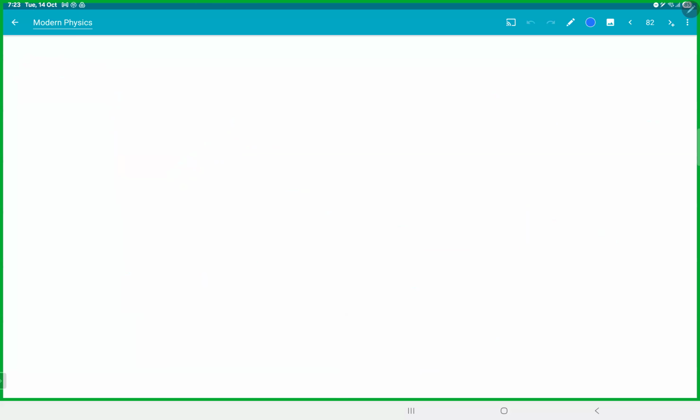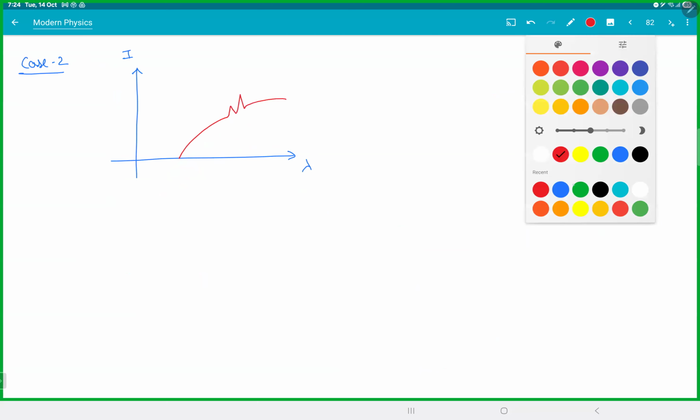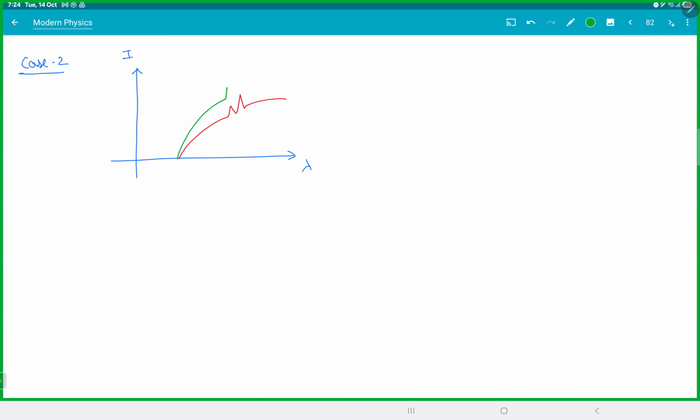Let's see one more in this. So case 2. Let's say this is T1, this is T2. T is the temperature of the emitter plate, so you can change the temperature of the emitter. These things are never asked.